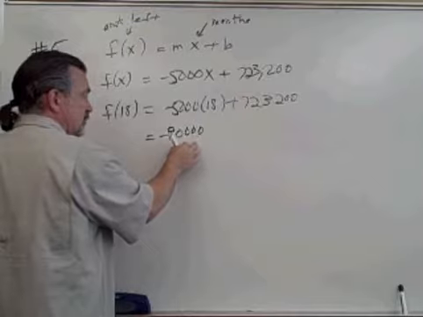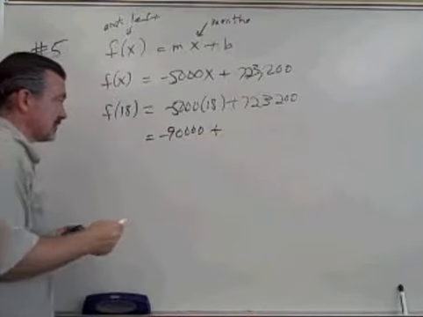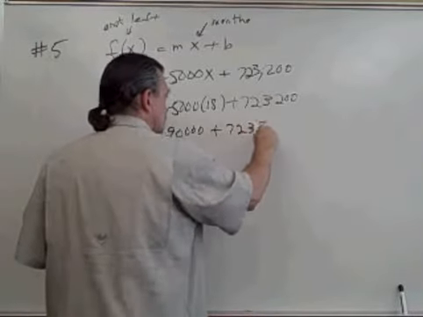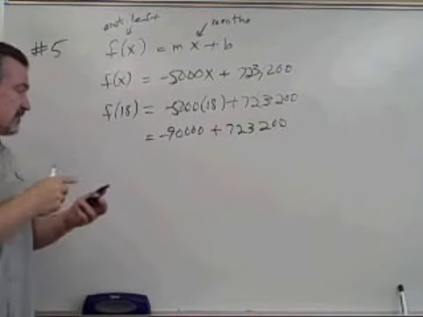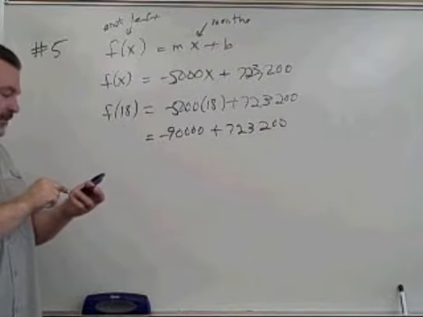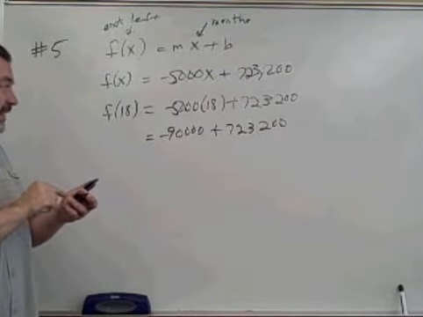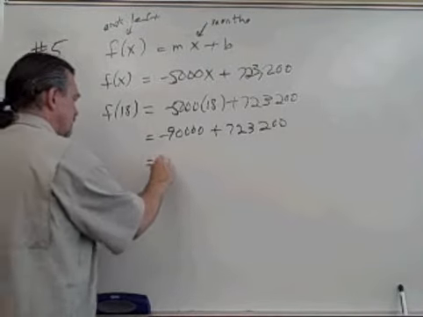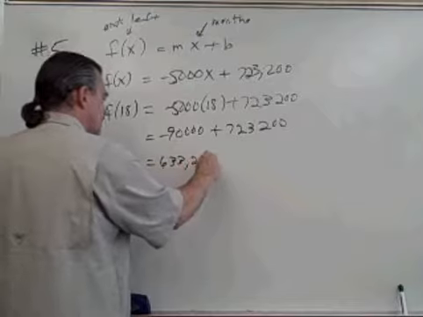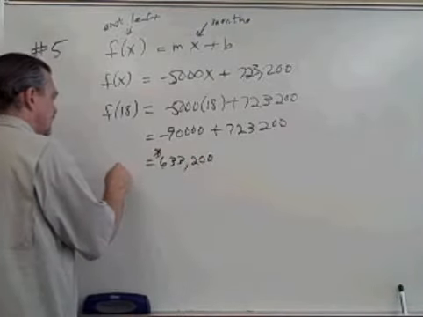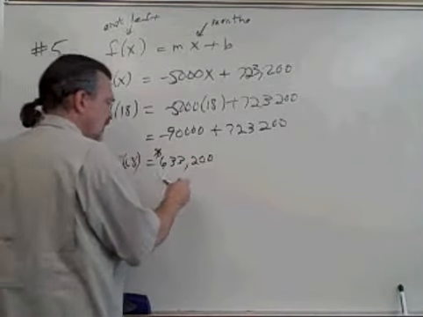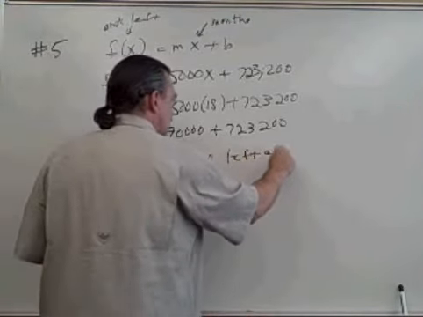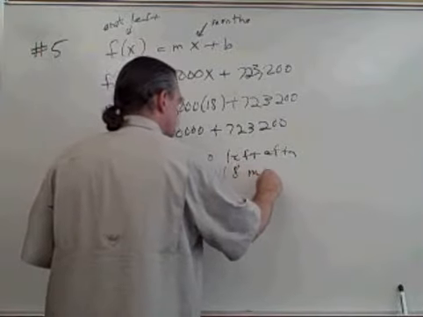After 18 months, she would have withdrawn $90,000. And if she'd started with $723,200, then she would have $633,200 left. So $633,200 left after 18 months.